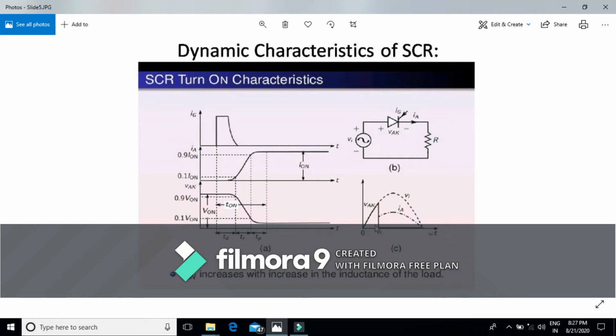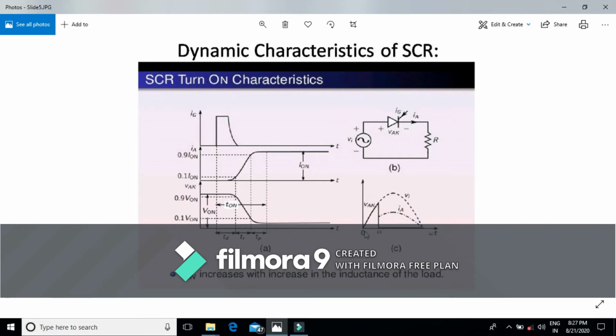This alpha is a triggering angle, or you can say the turning on angle of the SCR. That means from zero till that gate cathode voltage reaches the appropriate value, or till the anode current reaches that latching current where the SCR turns on.